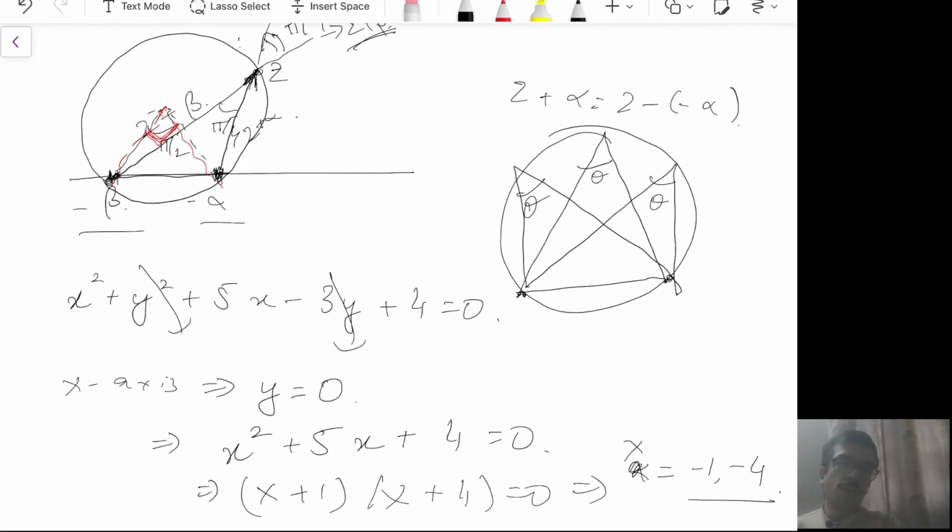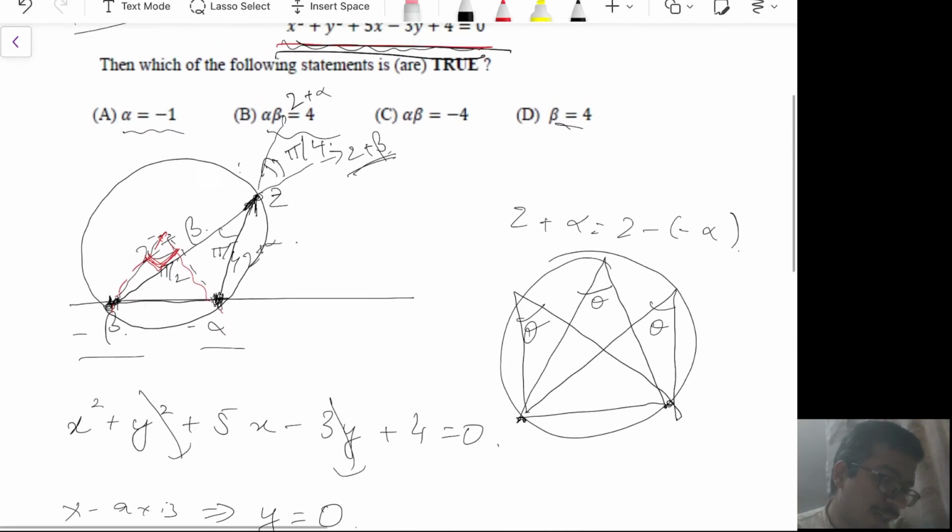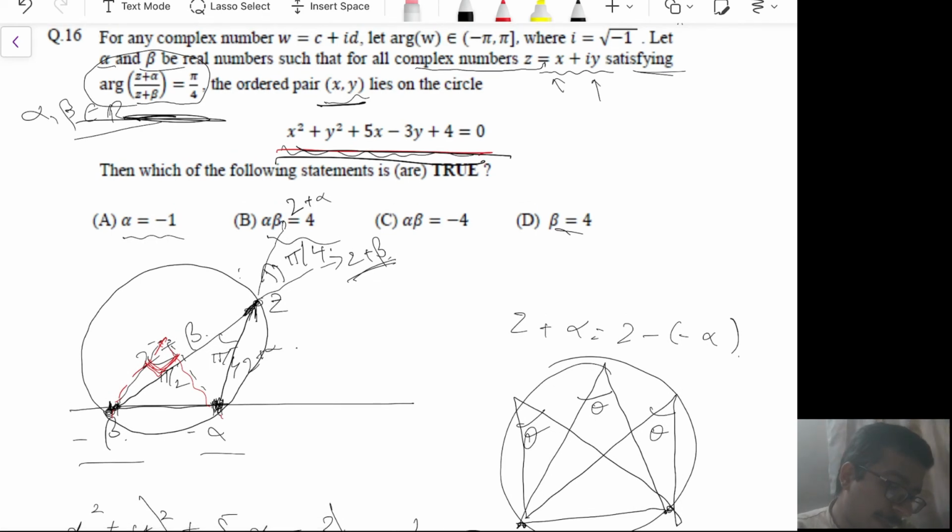Now I don't know which one is alpha and which one is beta, but notice that minus alpha and minus beta are the points lying on the x-axis, and z plus alpha is making an anti-clockwise positive angle with z plus beta. Therefore minus alpha must lie to the right and minus beta must lie to the left.